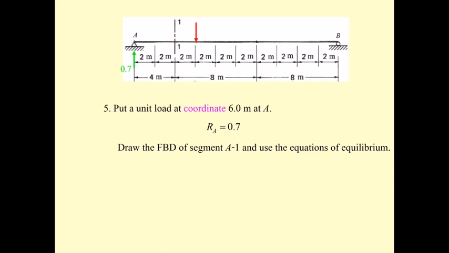We just use the same free body diagram as before. Since this portion, you may use this portion, or you may use the other portion, you will get the same shear and moment, just opposite in the direction.